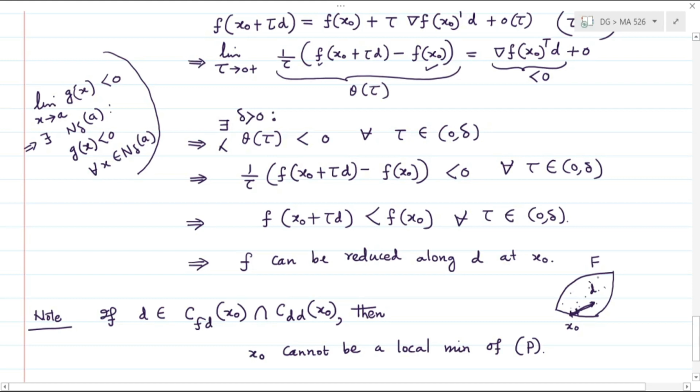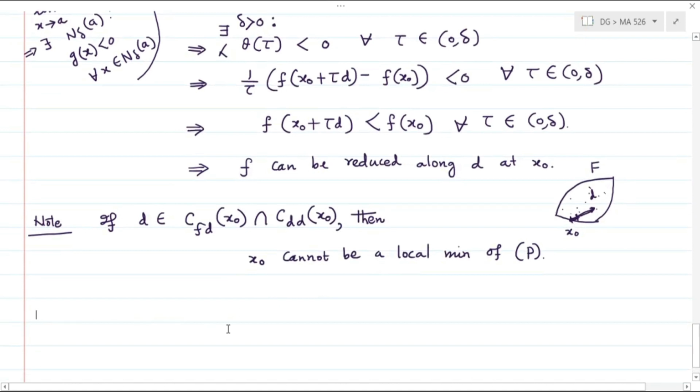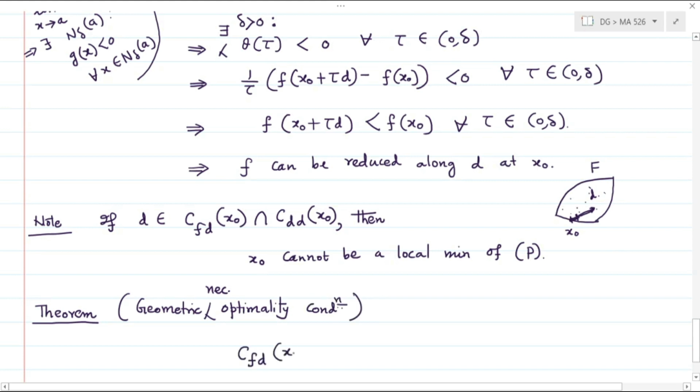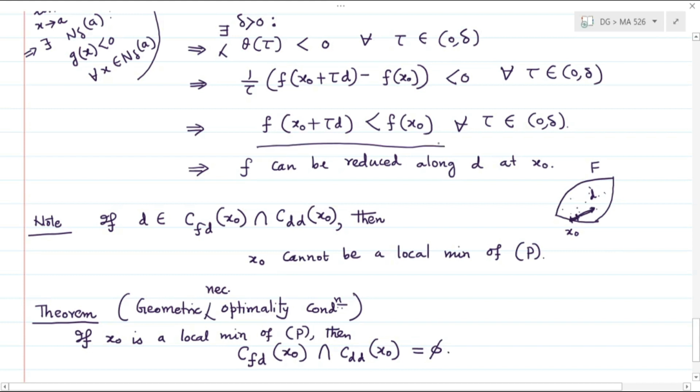And this implies the following geometrical fact: necessary optimality condition. CFD x naught intersection CDD x naught is equal to null, if x naught is a local minimum of the problem P. Then this must happen, because if this is not null, then you can reduce the function value along the direction d.